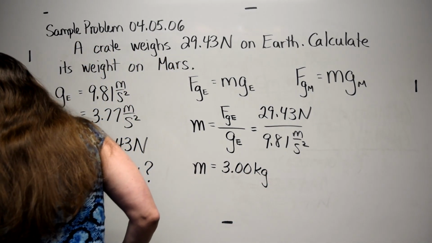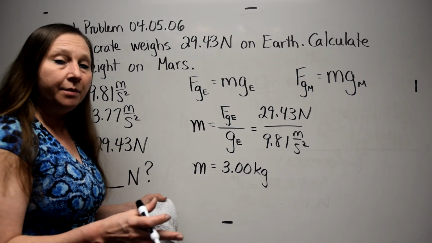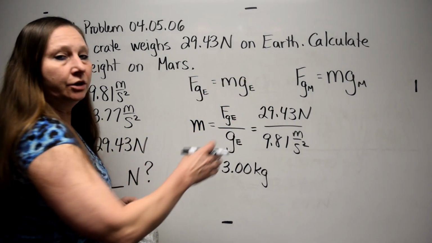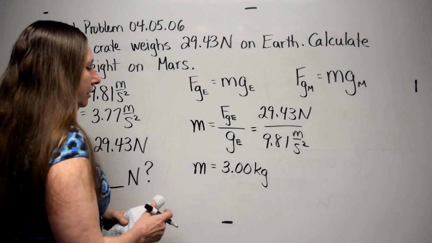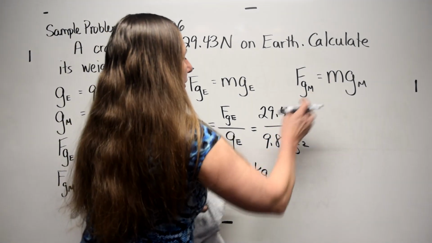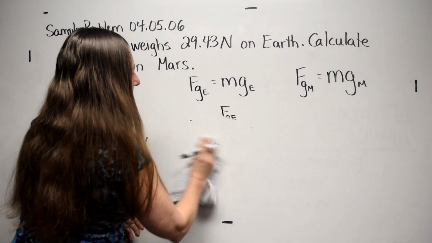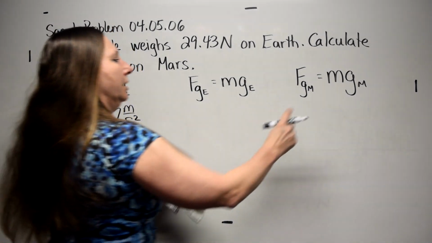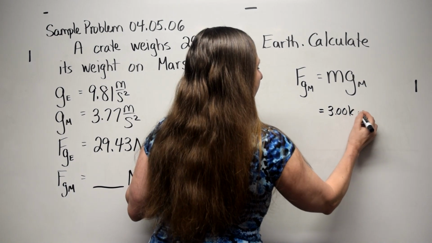Now, of course, you know that the mass stays the same when you move the object to Mars or the Moon or Jupiter or float it in outer space. So the mass can go here. Now that we know that the mass of the object is 3 kilograms, the mass can go here, 3 kilograms.